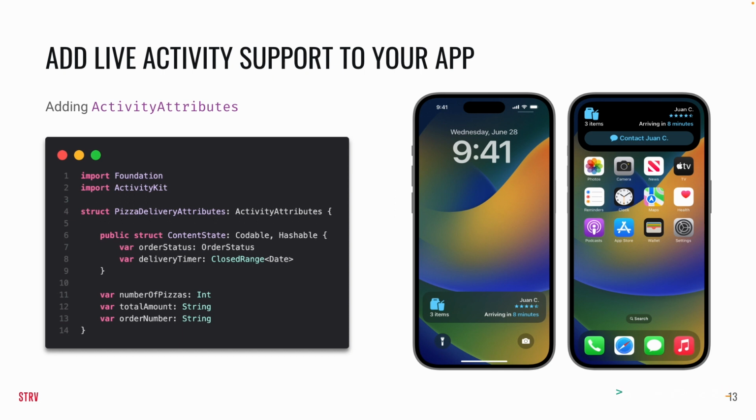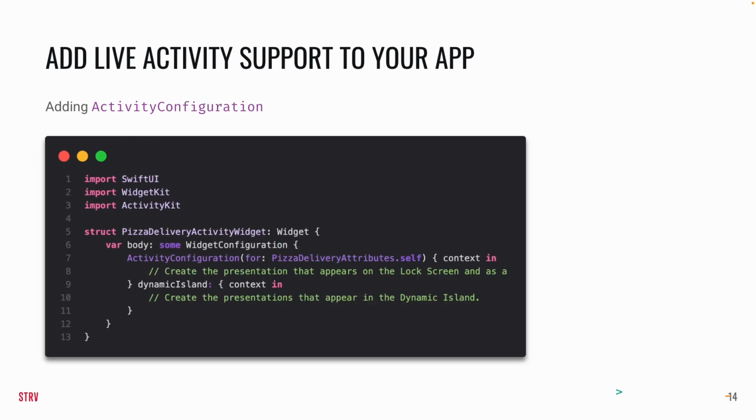So after we define this, we go for the presentation, how this should look. As you can see, we need to define the activity widget here, which conforms to the Widget protocol. And then here we have the configuration, as I mentioned.